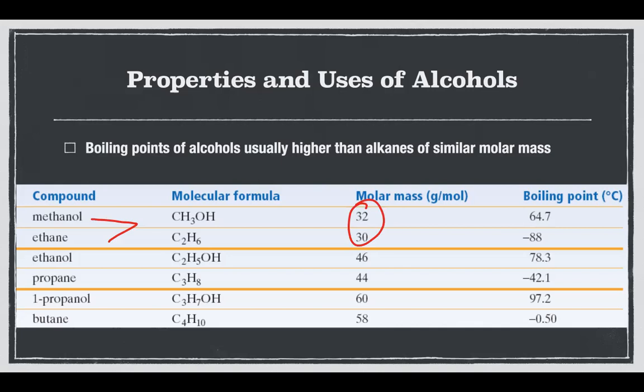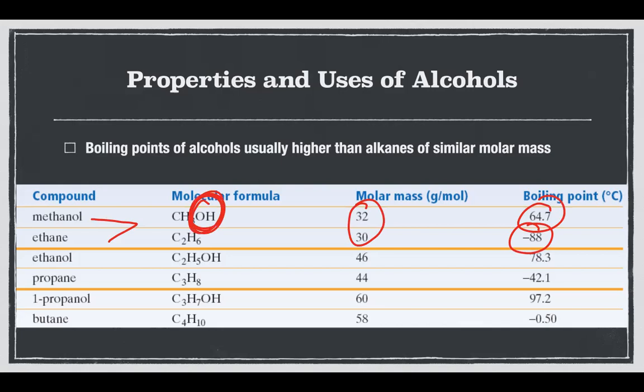There's a difference between the boiling point of 64.7, look at this, compared to negative 88. So ethane boils at negative 88 degrees Celsius, but methanol doesn't boil until 64.5 or 64, 65, whatever degrees. And the only reason for that is this bad boy right here.